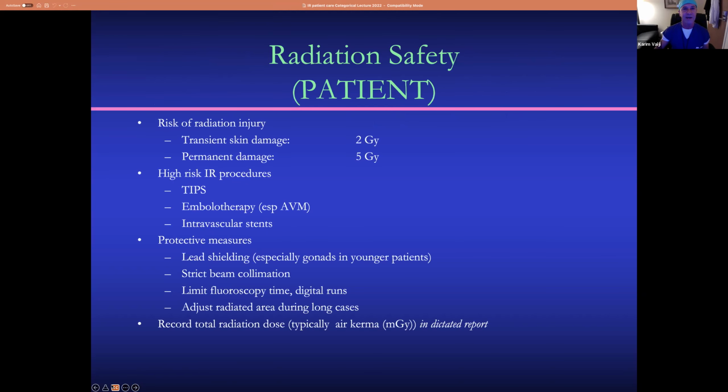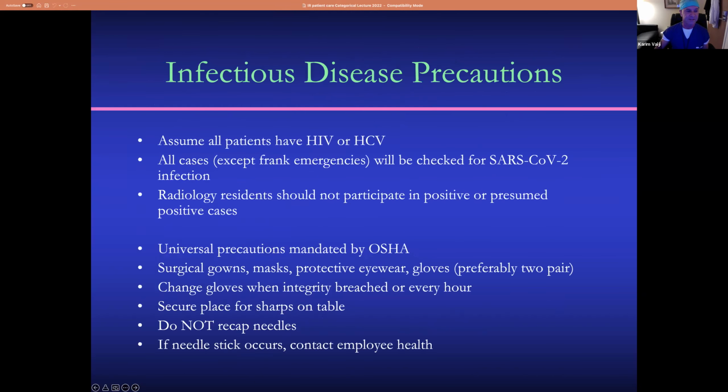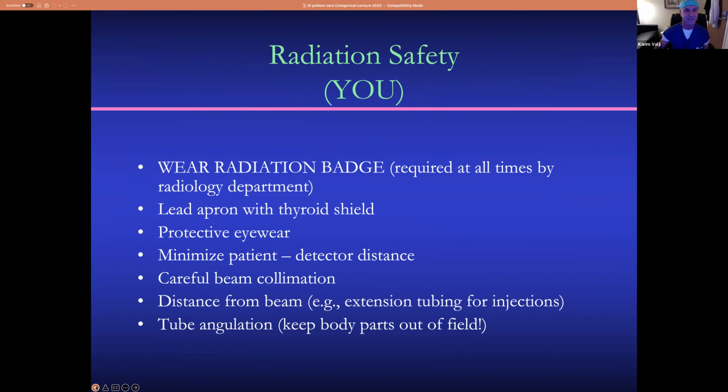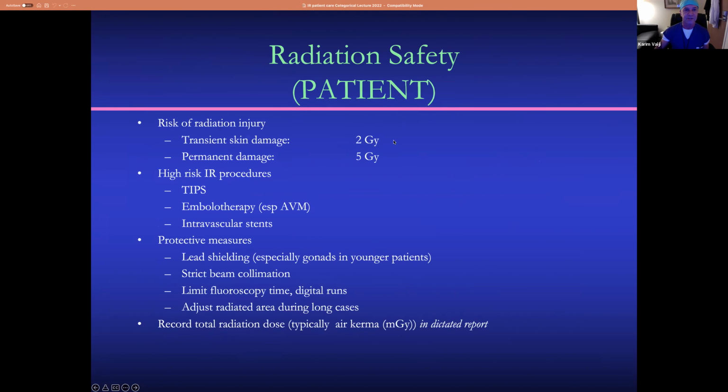So for radiation safety, there are basically 2 issues. One is the patient. Again, 2 gray for transient skin injury, and the threshold for permanent is 5. The high-risk procedures are the ones that take a lot of imaging, a lot of fluoroscopy. I think you know all the things you need to do, and these should become reflexes.